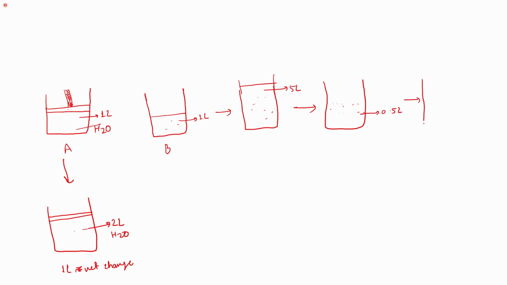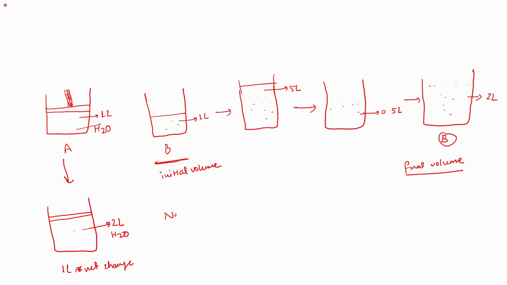Again it changes from 0.5 liter to 2 liter. This was your initial volume, and this is the final volume. So the net change is 2 liter minus 1 liter, basically 1 liter.